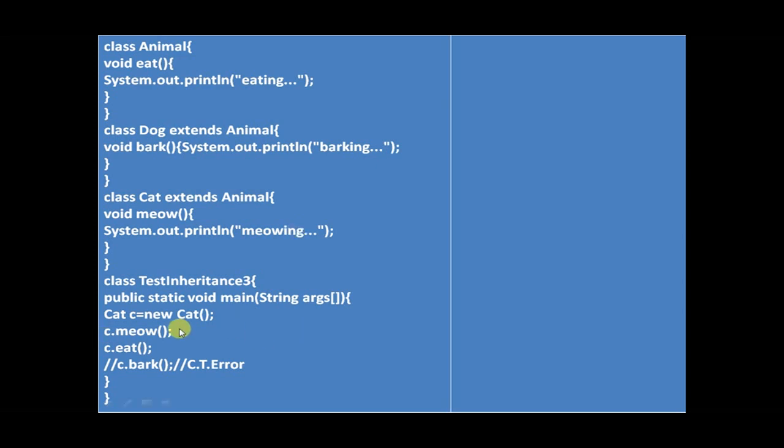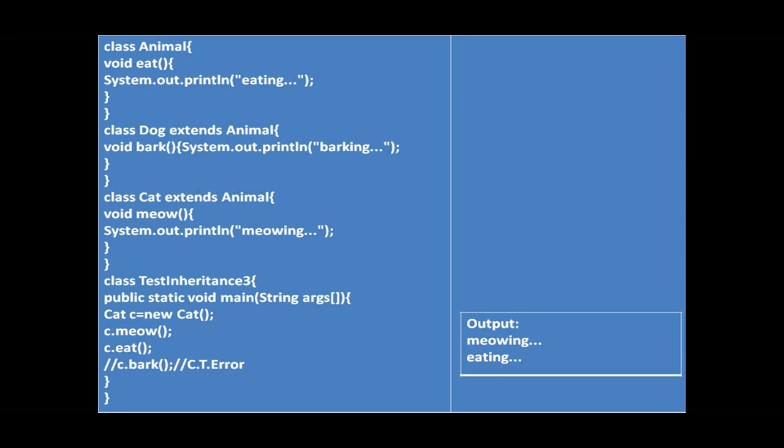And in the test class, if you create a cat class object, you can call the mew and eat methods, but you cannot call the bark method because bark is a method of the dog class, and the cat class is not extending the dog class, it is extending the animal class. So if you run this program, you will get the outputs mewing and eating. But if you try to call the bark method, you will get a compile time error.